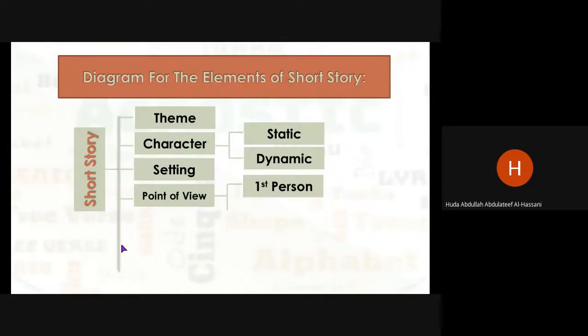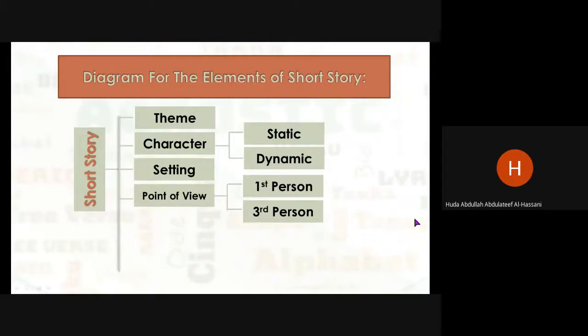That is to say, I, the pronoun I. I went to school, I graduated from college, I went to the market, or I will use third person. That is to say, I will use the pronouns she or he or it. She goes to the market, she went to school, she is a graduated student, whatever.